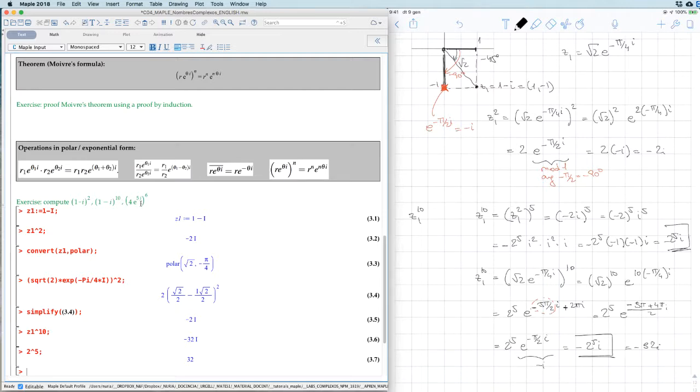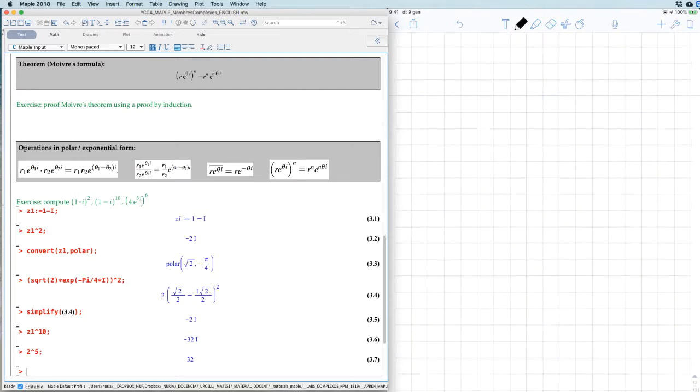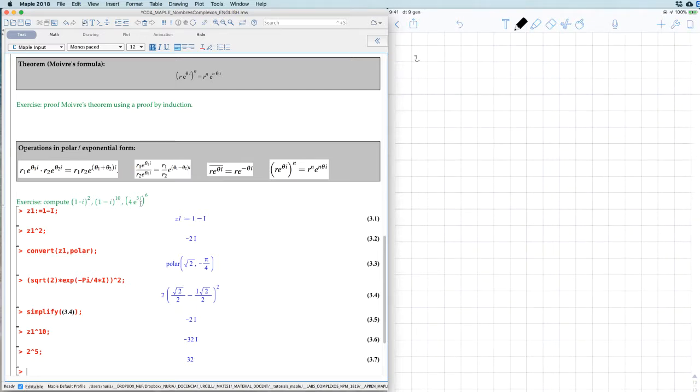So let's do the last exercise, which is this one. We are going to define z2. In this case we have a number in exponential form and we have to compute its power 6. This is going to be easy. As we do it, we raise the modulus to the power 6 and we multiply the argument.